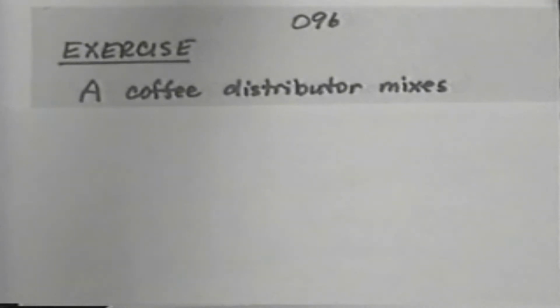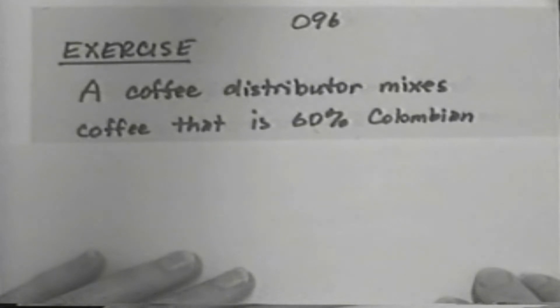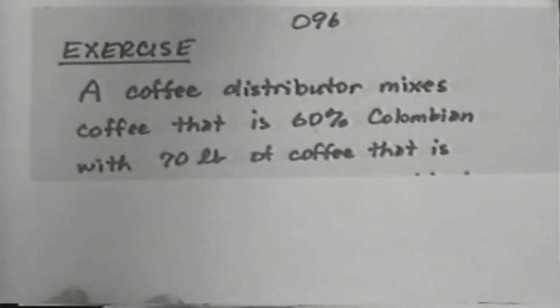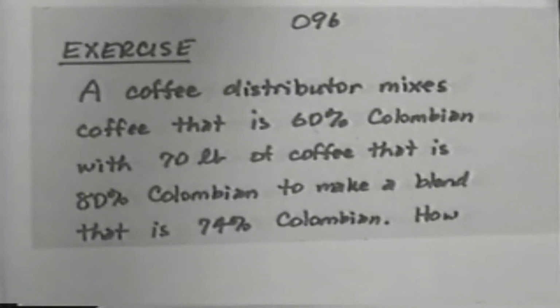A coffee distributor mixes coffee that is 60% Colombian with 70 pounds of coffee that is 80% Colombian to make a blend that is 74% Colombian.